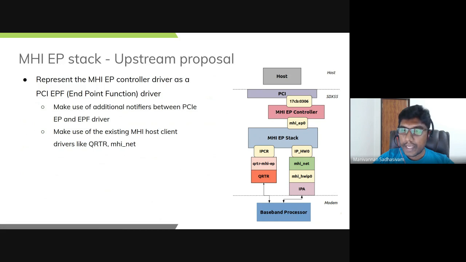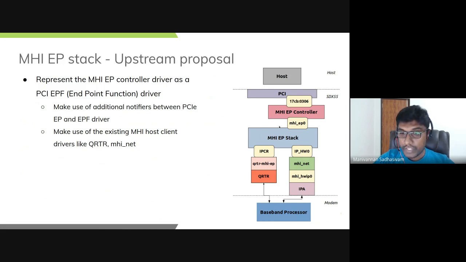And this endpoint function driver makes use of additional notifiers between the PCI endpoint driver and the PCI endpoint function driver for transferring events such as the link up and the busmaster enable. And these additional notifiers are added in a separate patch set I have submitted to the mailing list.